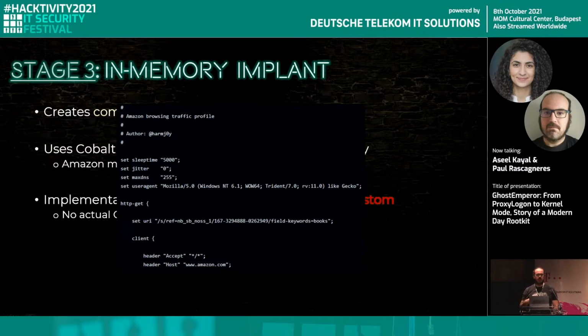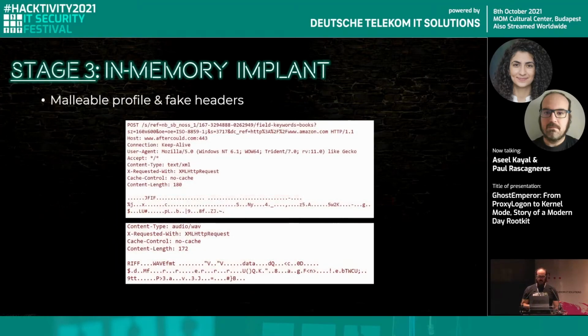So if you look at network traffic, it looks like Amazon, but in fact, it's a malware. They do something else. In addition to the URL pattern that looks like Amazon, they add fake headers. So in the screenshot you can see here, you can see it's a backup, and you can see the header of a JPEG and a header of a WAV file.